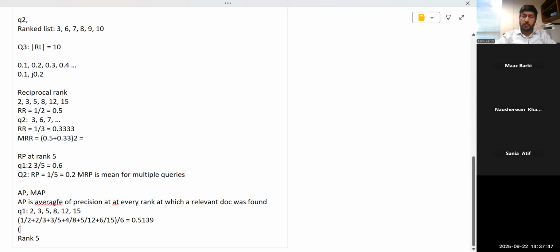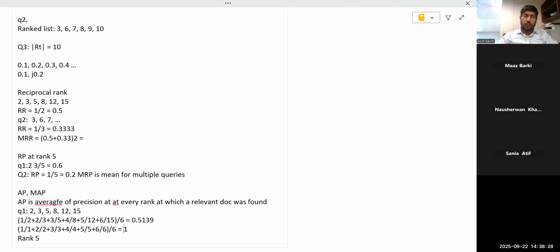So let's say ये 6 documents मेरे पास पहले 6 में ये आ जाते, तो मेरे पास क्या होना था? 1/1 plus 2/2 plus 3/3 plus 4/4 plus 5/5 plus 6/6 divided by 6. This would be 1. ठीक है ना? The precision is very high, or AP is very high. So it means that this is a good retrieval system. So it has found all the 6 relevant documents in the top 6 positions.